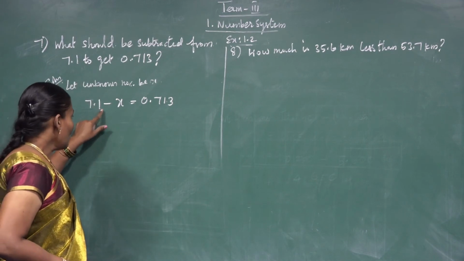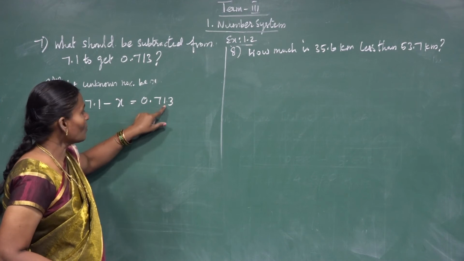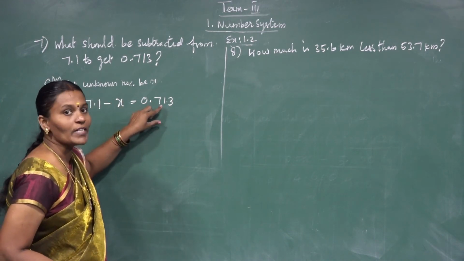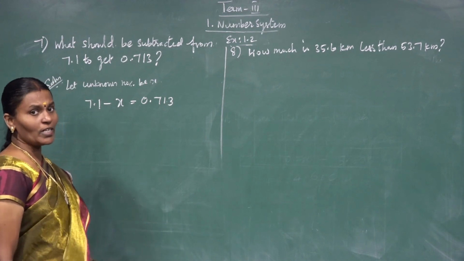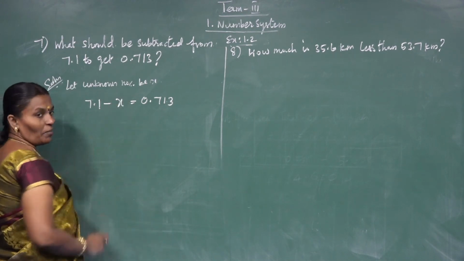That means 7.1 minus x gives 0.713, so the difference is 0.713. Now you have to find out the unknown number.